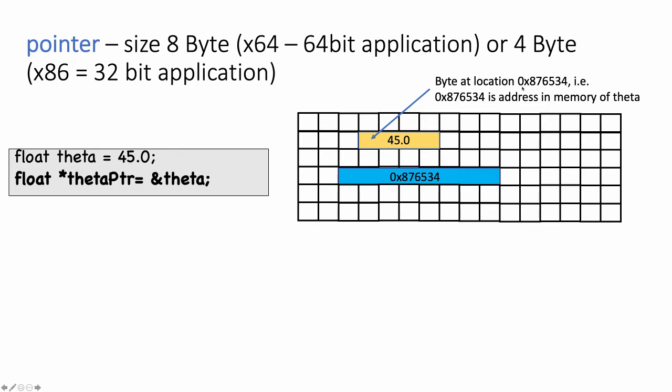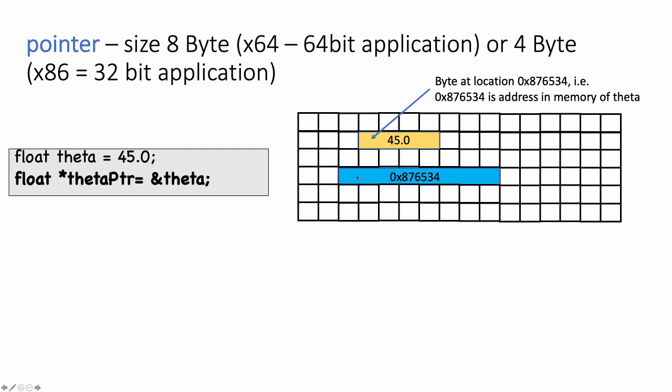So if we're saying that that memory location is this hexadecimal number here, and I then have this line in my C code where I'm creating a variable named theta pointer, it's of type float pointer, so theta pointer is a variable that points to a floating point, and then I'm going to assign it to have the address, the ampersand is the address of theta.